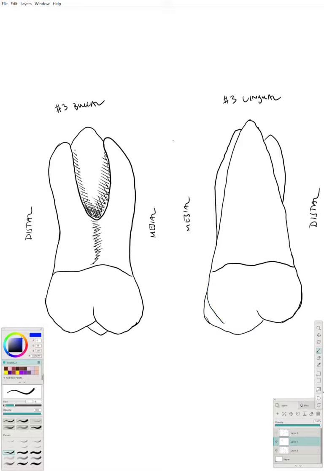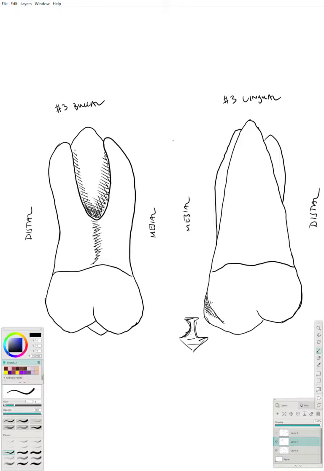When you draw it in, if you'd like to try to show a little bit of shading on the side, you can shade that in to show that this is coming out this way towards the viewer, if that makes sense, while the mesiolingual cusp is more towards the back there.